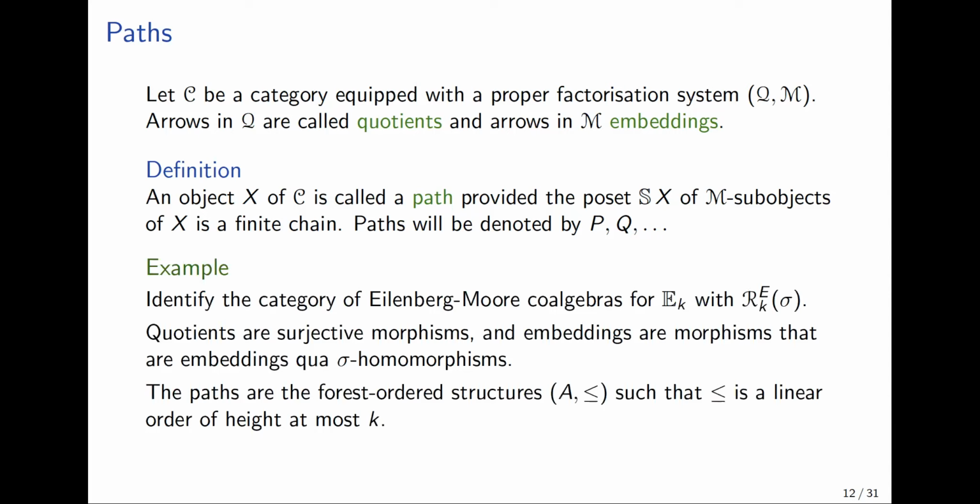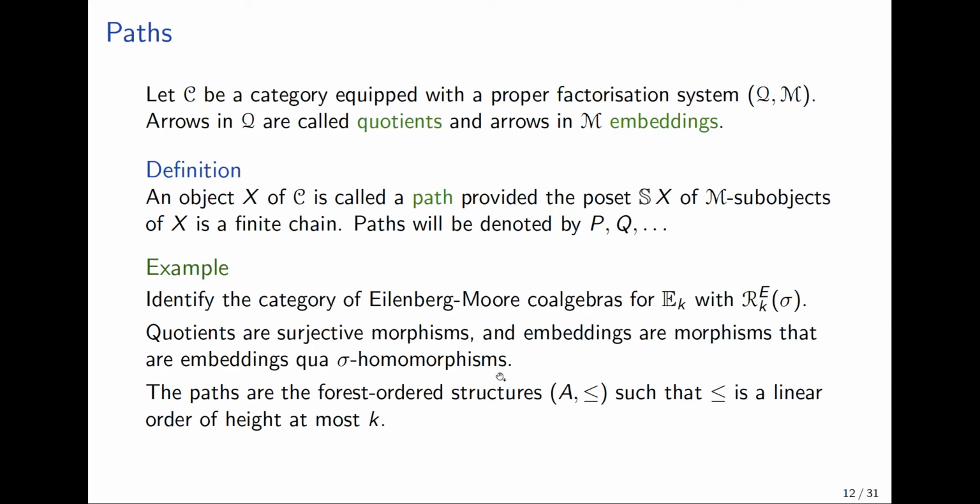So to give you an example, if you look at coalgebras for E_k, those are some kind of forest-ordered sigma structures, as I explained before. And if you take the factorization system to be given by the surjective morphisms on the one hand, and on the other hand, the embeddings are those morphisms that are embeddings qua sigma homomorphisms, those would be the injective homomorphisms that also reflect the relation symbols.